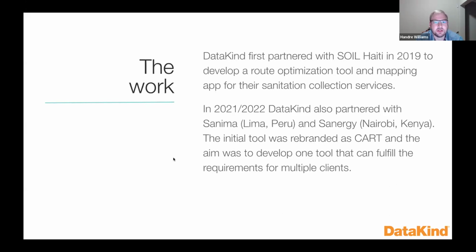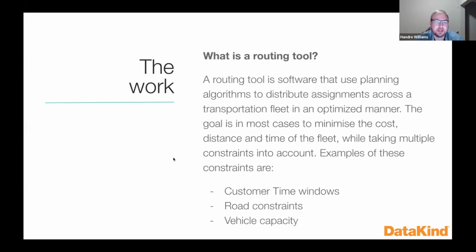And the tool was then rebranded to CART, and the goal of the tool was then to make it generic so that multiple partners can use the same tool for their routing needs. I think Sebastian will touch on it later, but we also moved out of just the sanitation space with the routing tool, so there are other clients that are also looking into using this tool.